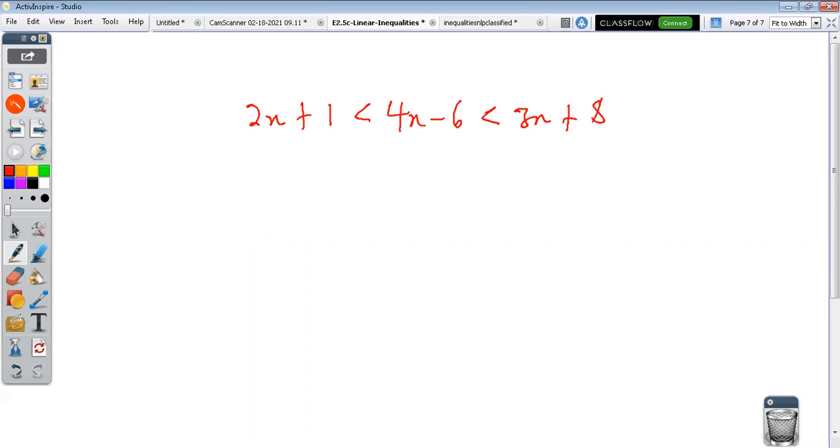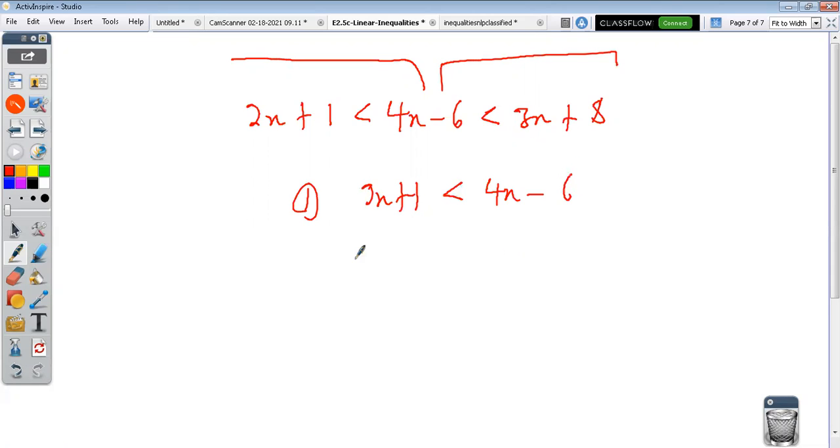When you have this, sometimes you can split it into 2 equations. I can have this part here, follow me, and this part. Two separate equations. My first equation will be 2x plus 1 is less than 4x minus 6.